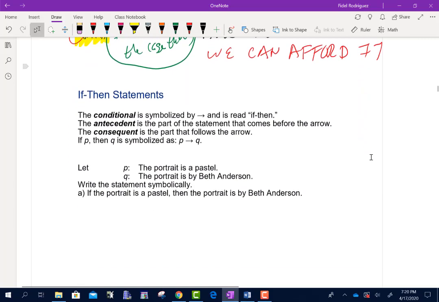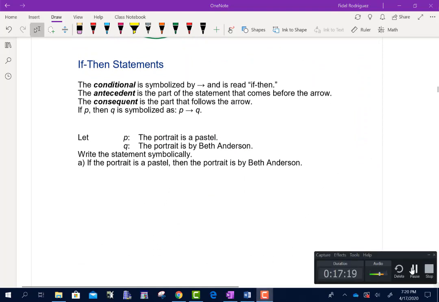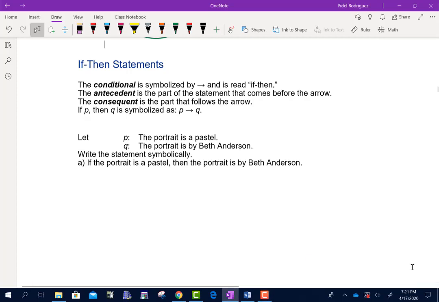All right. So I'm going to keep coming along here to the next piece. Give me one quick second. All right, so if-then statements, the conditional is symbolized by this little arrow that points to the right. The way I read this arrow is just if-then, okay?